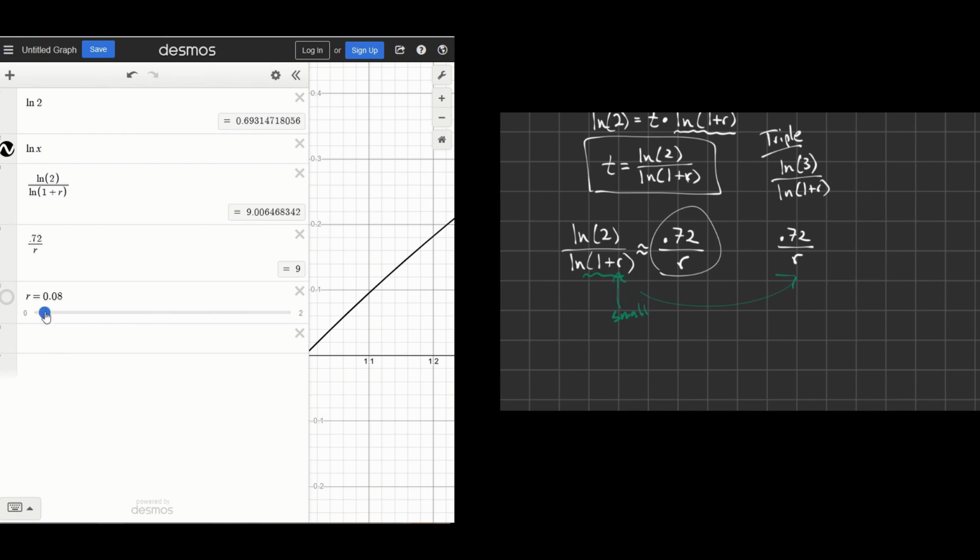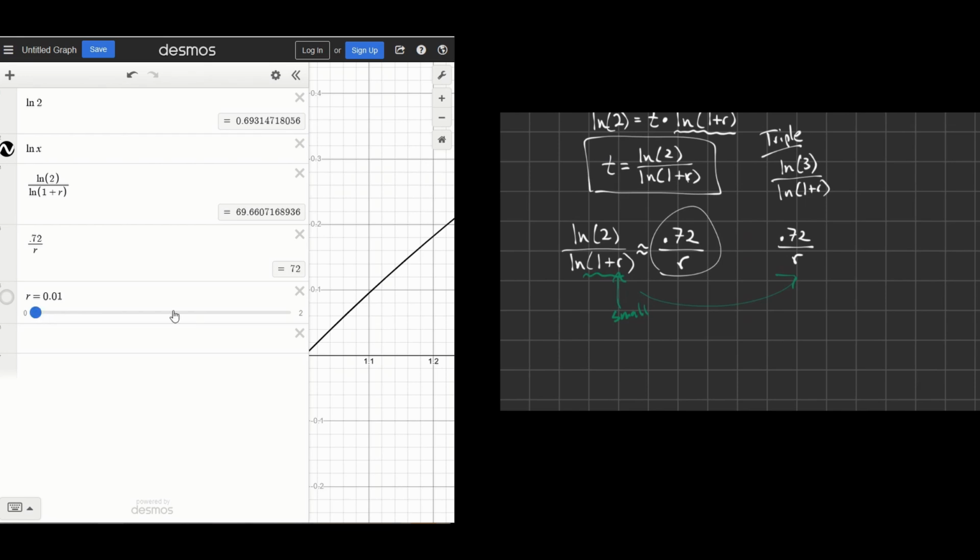So it's within 6/1000ths. Interestingly, if we go down to smaller percentages, these actually start getting off by a bit more. If you look at 2% return here, the approximation says 36 years, but the actual value is about 35 years. So it's a little bit shorter than we would get from the approximation.